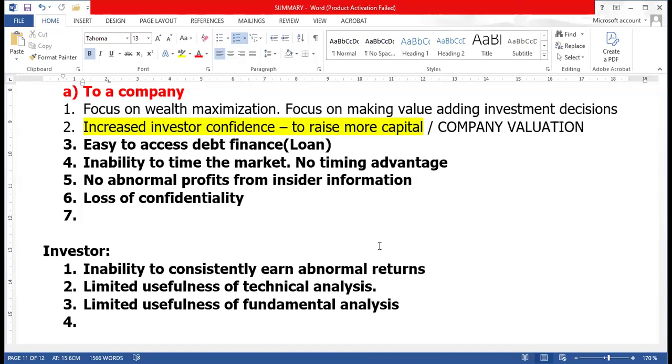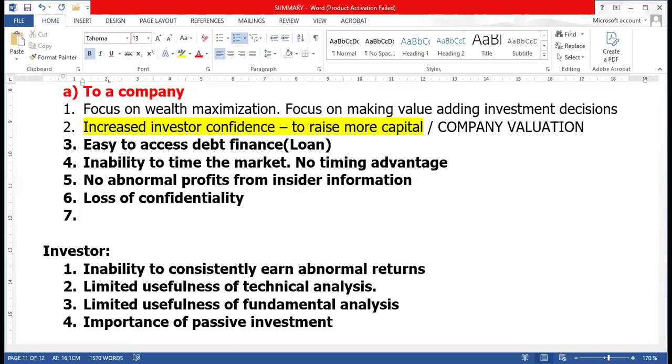Still, on the side of the investor, you need to look at the importance of passive investment strategies. There are people who just focus on looking at the prices of the security and they just invest. No, you as an investor need to know the importance of passive investing.